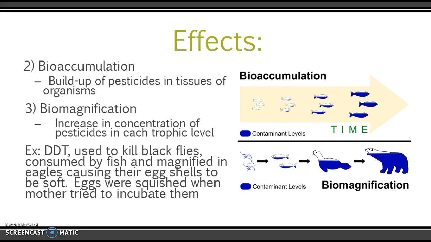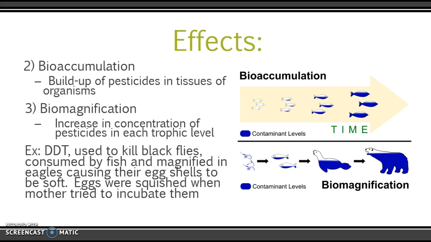Now, the big important example of bioaccumulation and biomagnification is the use of DDT. It is a pesticide that we used a while back to help kill black flies, and that DDT was consumed by fish, and then those fish were obviously consumed by eagles.